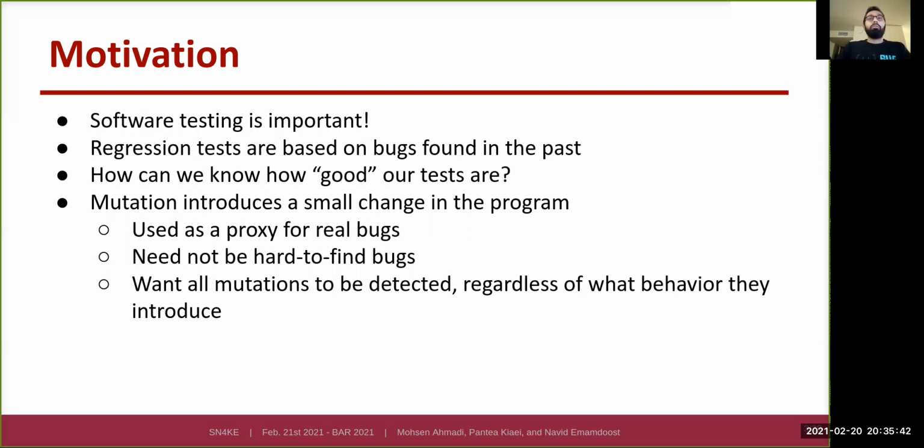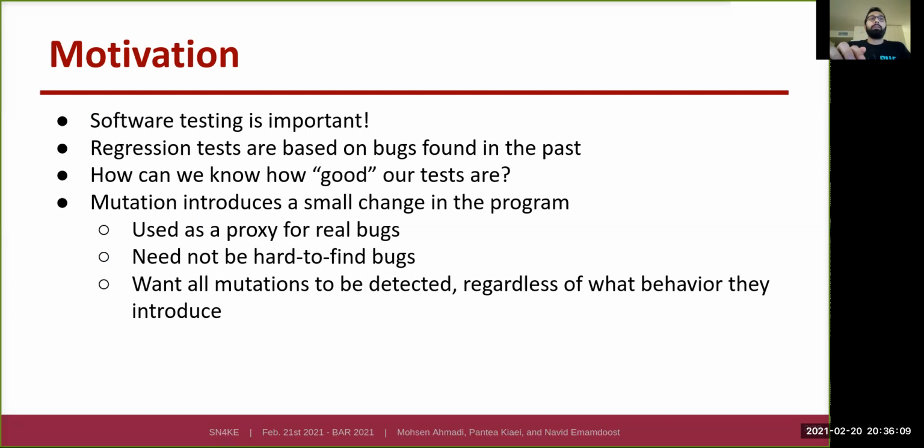Testing is one of the most commonly used approaches in improving and maintaining software quality, but one challenge is that it can be difficult to measure the quality of the software tests. The main goal of testing is to find bugs, but in a common steady state where the whole test suite passes on the current version of the software, how can we assess the tests and know how good our tests are?